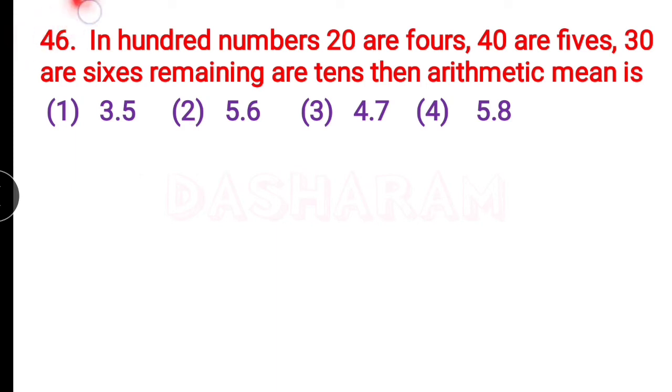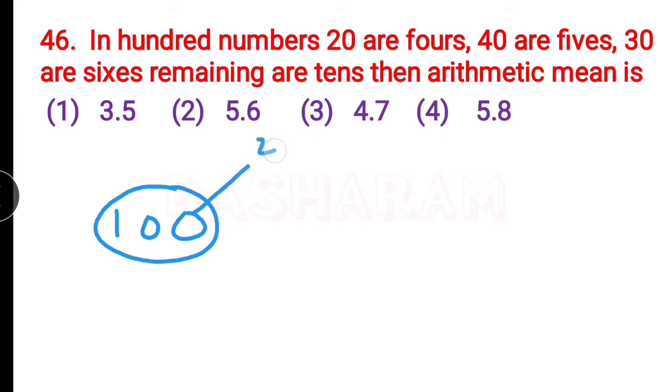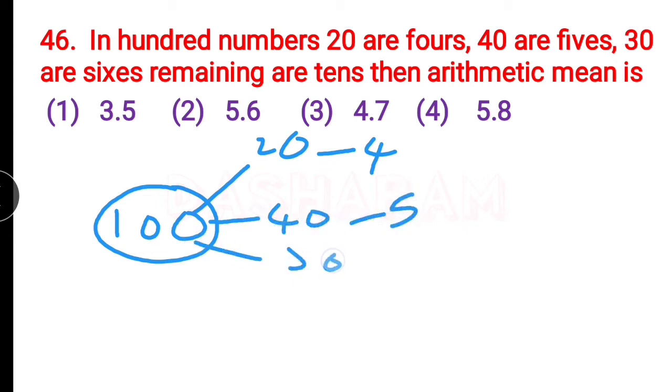Next, the 46th question. In 100 numbers, 20 are fours, 40 are fives, 30 are sixes.